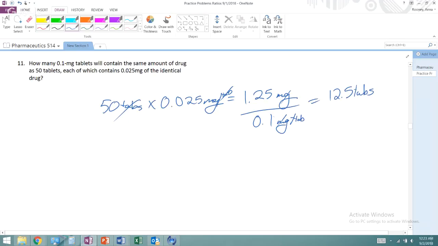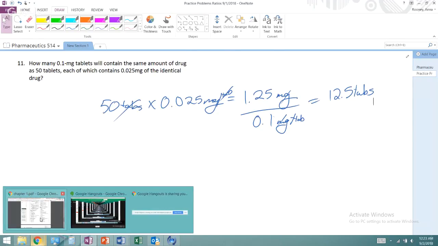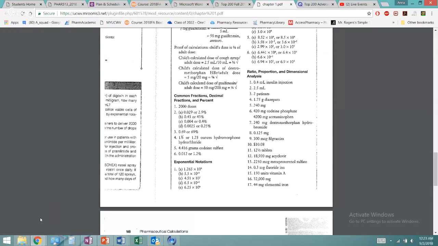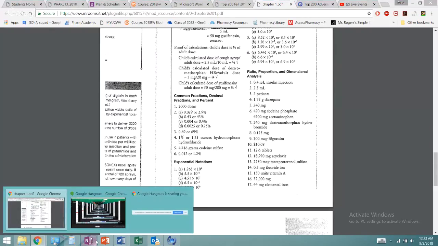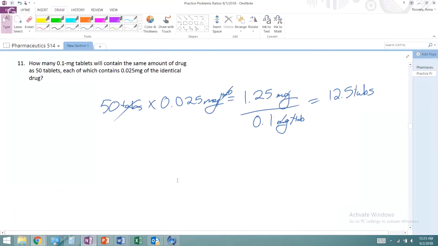I may have misinterpreted the question. Maybe it's 200. We'll figure it out in a second. 12 and a half tabs. Okay, so I didn't misinterpret the way the question was worded. I just accidentally pressed the wrong buttons the first time. That's the way I would solve that one.